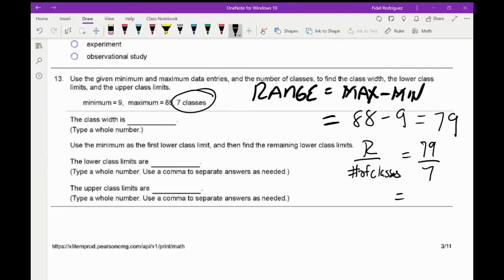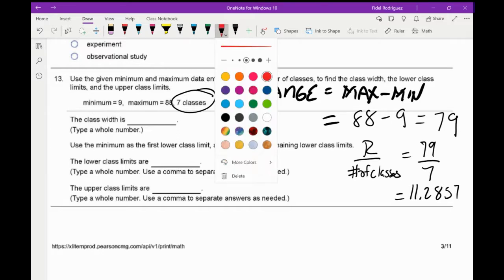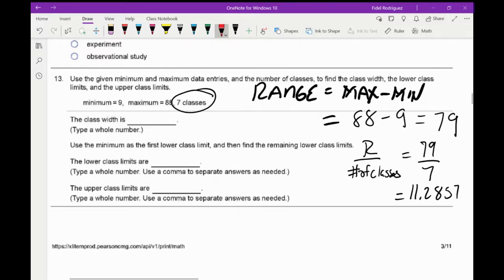So 7 goes into 79. I'm just going to take my calculator real quick, guys. 79 divided by 7 is 11.285, whatever, 7, all that kind of stuff. The directions say the way we find our class width, once we get this number, is to round it up.